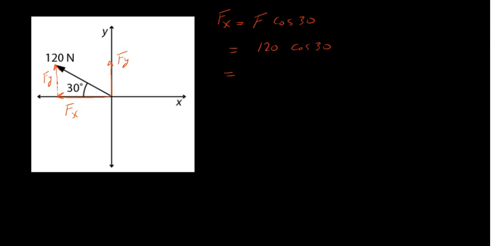And this will give me about 104 Newton. But we have to be careful here. That's not fully accurate, because if we look at the x component of this vector, we can see its direction.